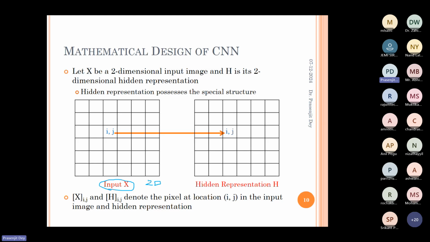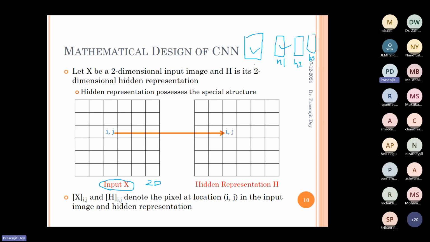As I discussed earlier, the input is 2D. If the hidden layer is 1D, it will not work. If the input is two-dimensional, the hidden layer must be two-dimensional. Because this may be the first hidden layer, after that there is hidden layer 2, and after that there may be hidden layer 3.